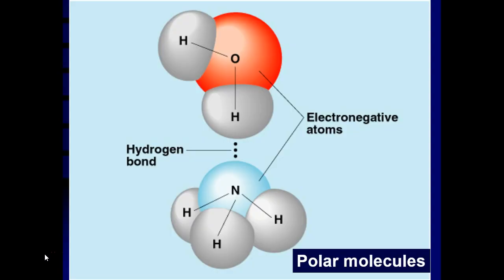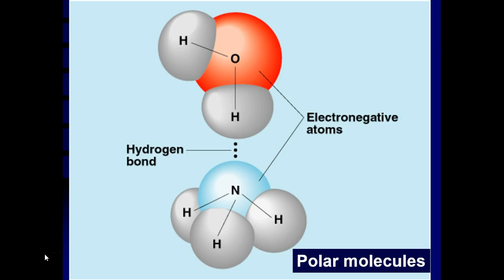Now, there are plenty of other molecules that have this unequal sharing, these polar covalent bonds that make them polar molecules. Here's an easy one. This is a common one. This is ammonia. Ammonia is nitrogen plus 3 hydrogens, and there is a significant difference in electronegativity between nitrogen and hydrogen.